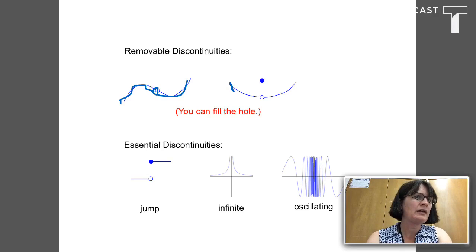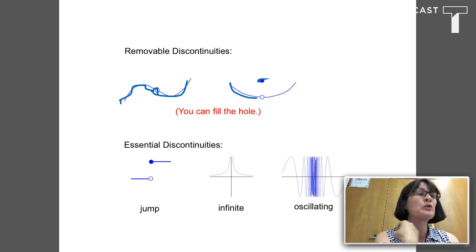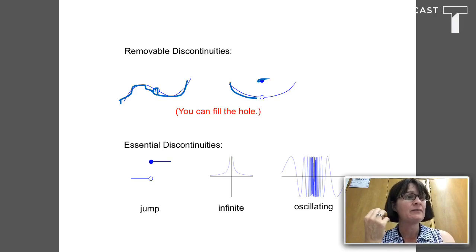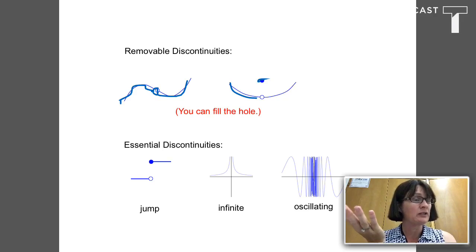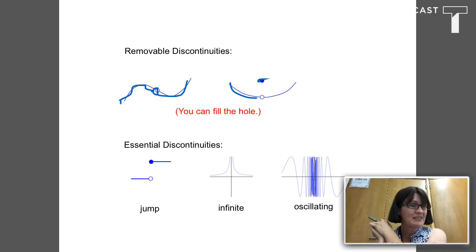Here, again, I have a hole. This hole happens to have a function value filled in somewhere else. Whether there's a function value or not, if I have a hole, one single point that's missing from my graph, that's called a removable discontinuity. Removable because later we're going to learn that we can remove the discontinuity. We can make the problem go away by filling in the hole.